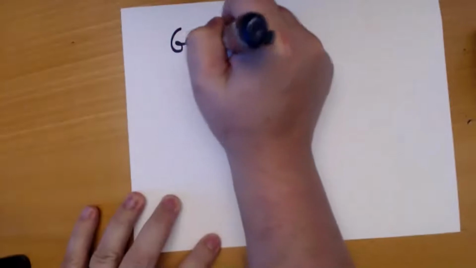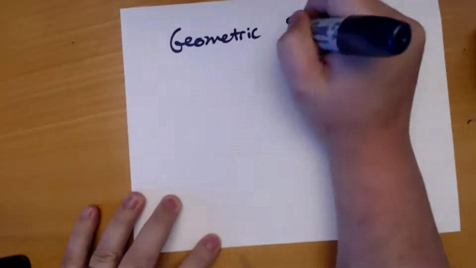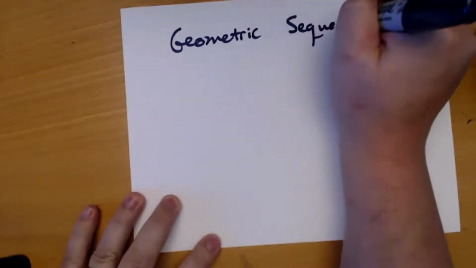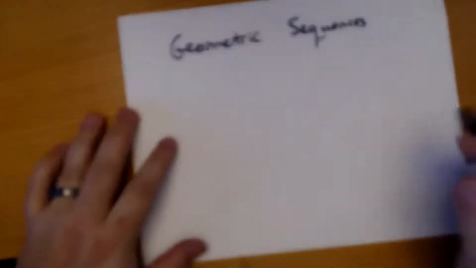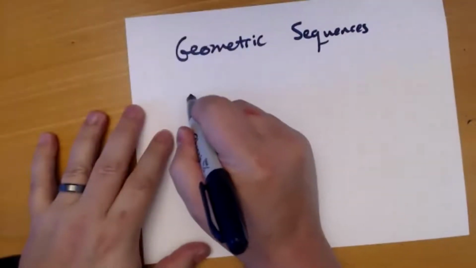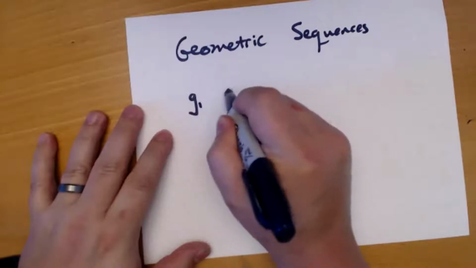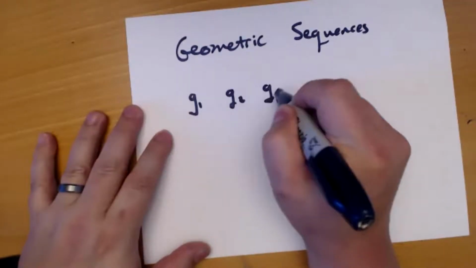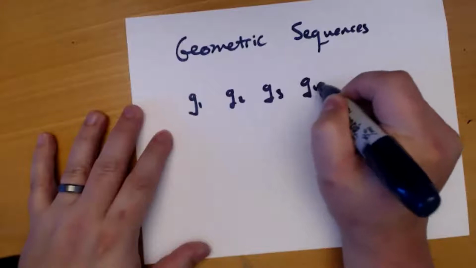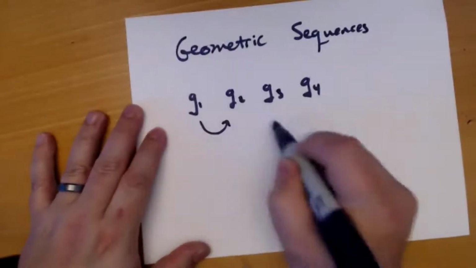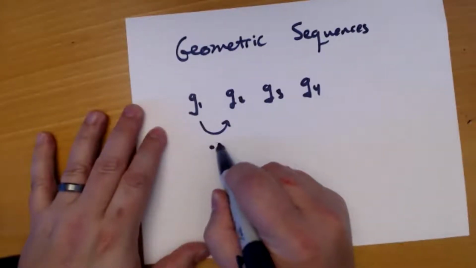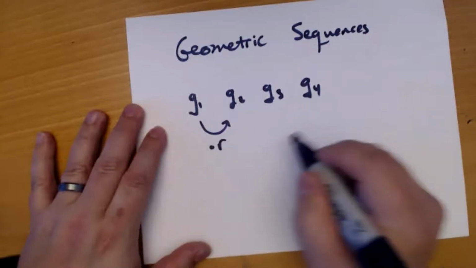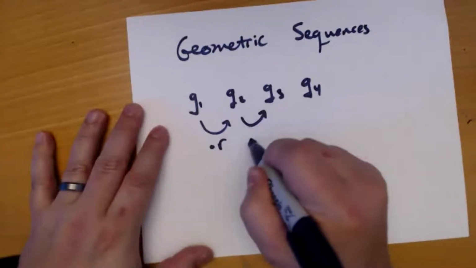Okay, so today we're going to be fooling around with geometric sequences. In a geometric sequence, we have G1, G2, G3, G4, and to make G2 out of G1, we multiply it by a constant, and that constant is a ratio, okay?